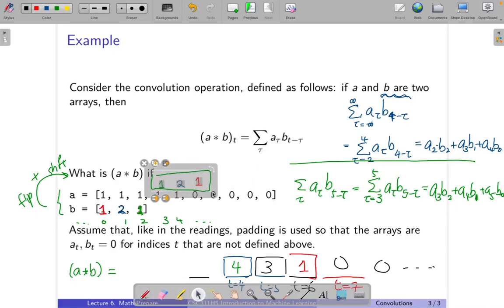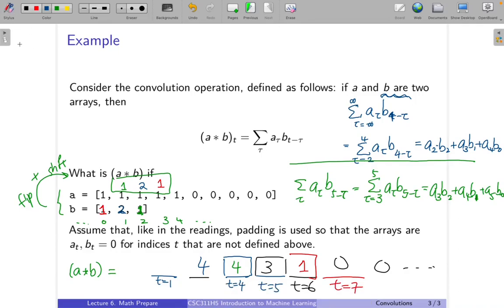So let's go backwards now. So t equals 4. I think we were here. So let's look at t equals 3. We're going to be shifting this way now. T equals 3. We're still going to get the number 4. T equals 2.